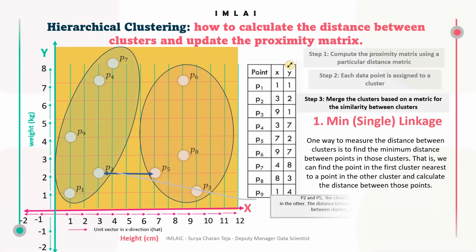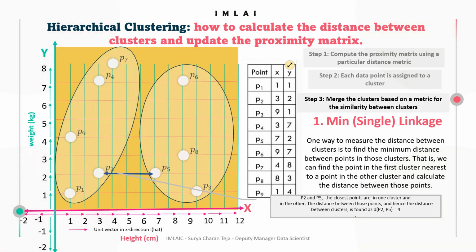If you see in this example, P2 and P5 are the closest points, one in each cluster. The distance between those points, and hence the distance between the clusters, is d of P2 comma P5 equal to 4. But when you compare the distances between the other points, it is higher.